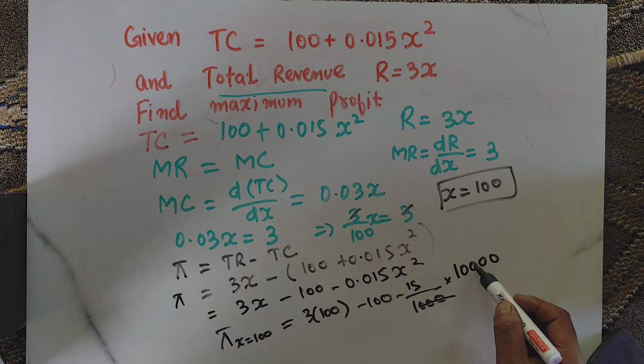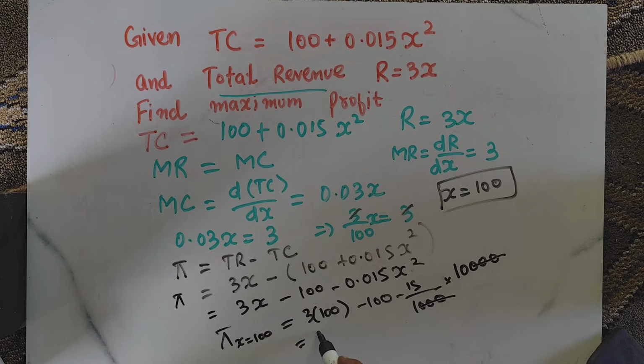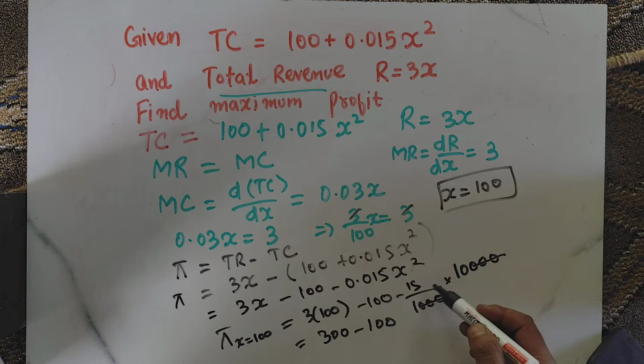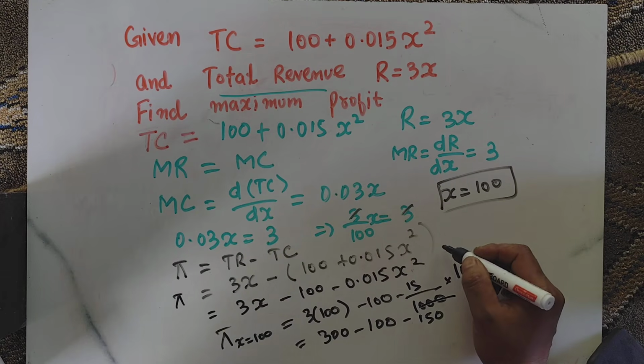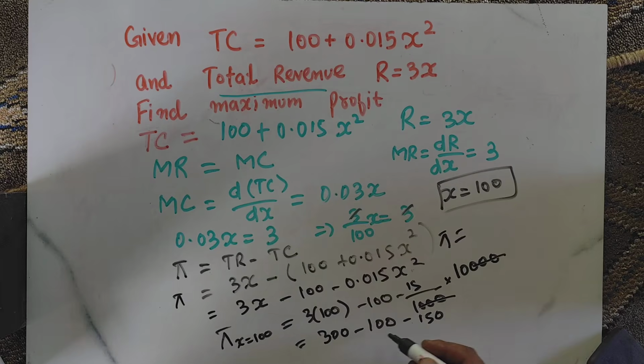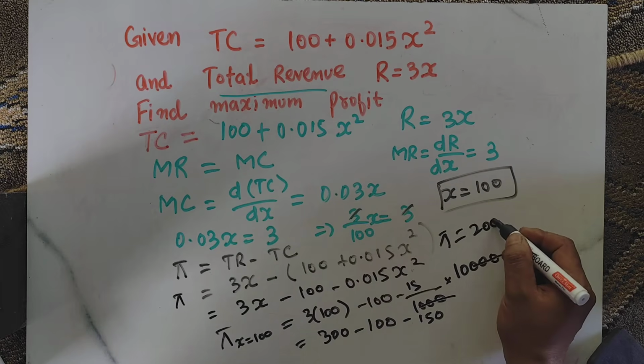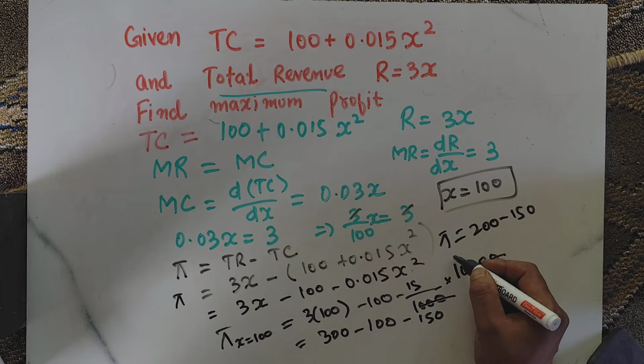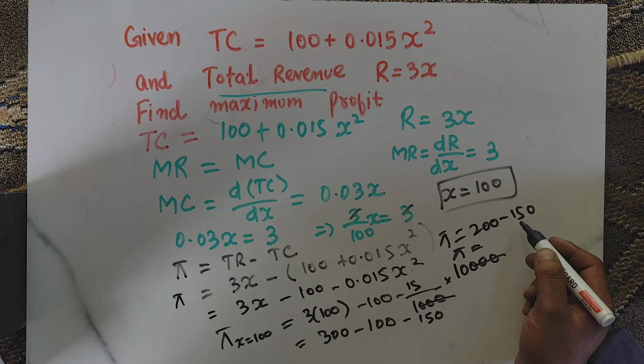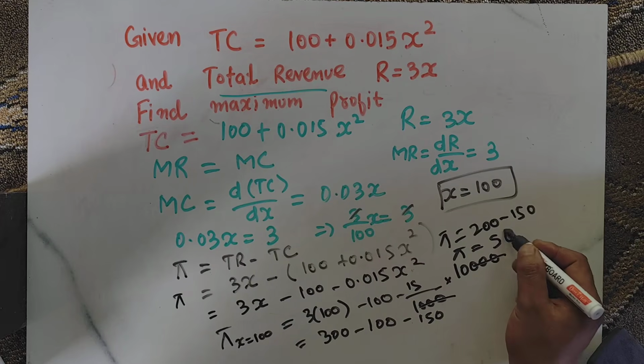Here these 3 zeros get cancelled, and we are left with 300 minus 100, and 15 into 10, which is minus 150. So profit will be 300 minus 100 is 200, and 200 minus 150 gives us maximum profit equal to 50 in this case.